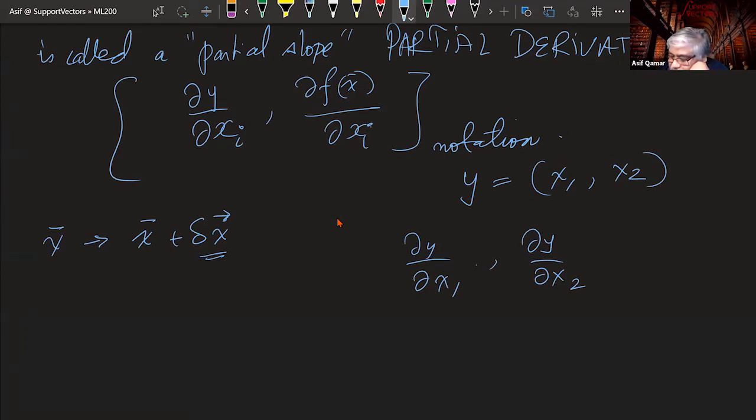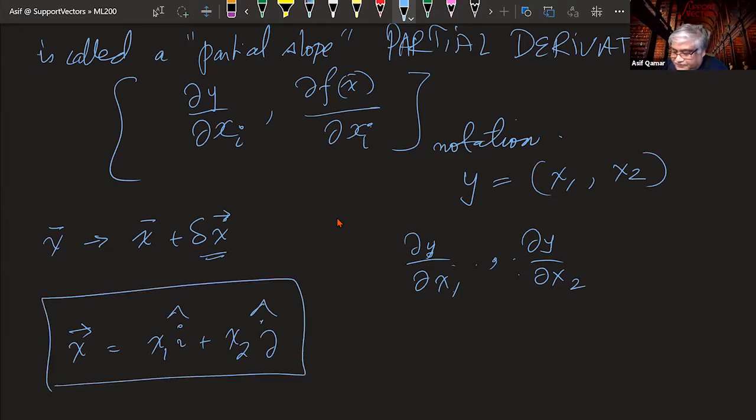If you treat these two components, here's a magical thing you can do, and you'll see why. Treat these as components of a vector. x is a vector, x equals x1 i plus x2 j. This is how you write a vector, the standard notation. But in machine learning, you don't tend to write i, j, k. You tend to write x1, x2 as a column vector.